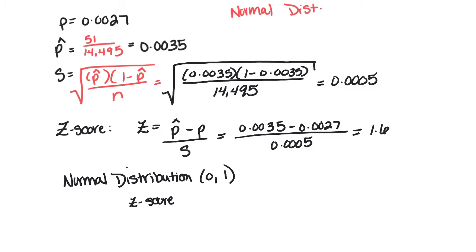Since my alternative hypothesis was looking to see if there were more Aboriginal deaths in the prison, I am going to set my z-score of 1.6 as my minimum value, because I want to see what's the proportion of it being greater than that.